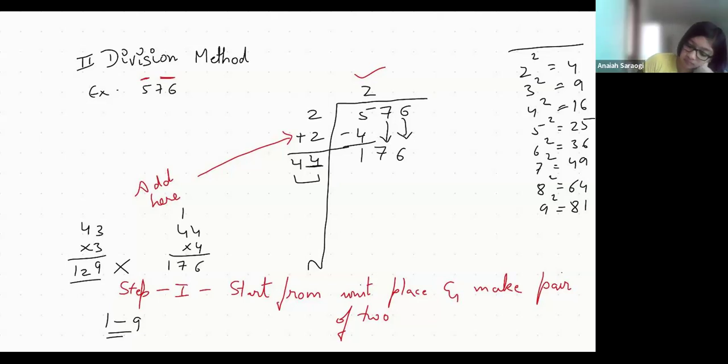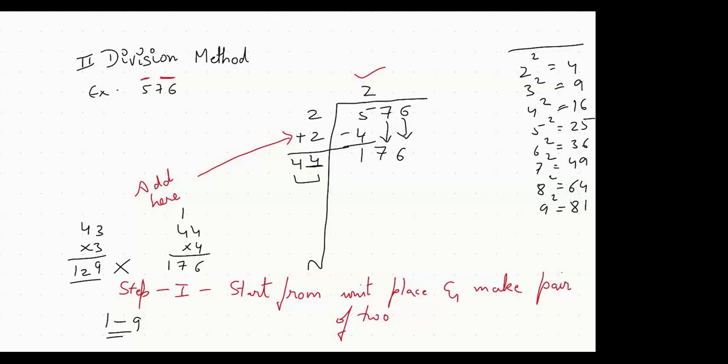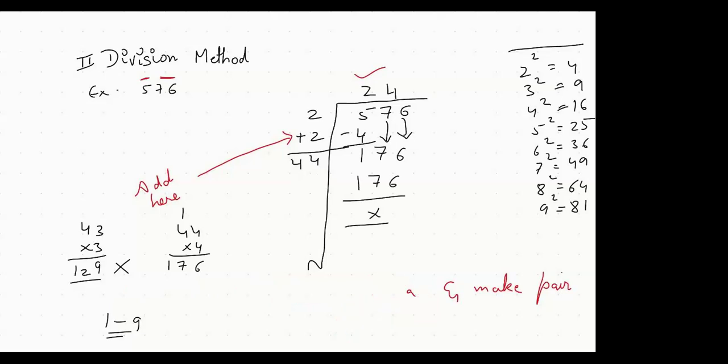I have 176. So now I can put 4 here, and this number that you put here, you will put at the top also. Write 176, subtract it, and 0. This is how we do the division method.